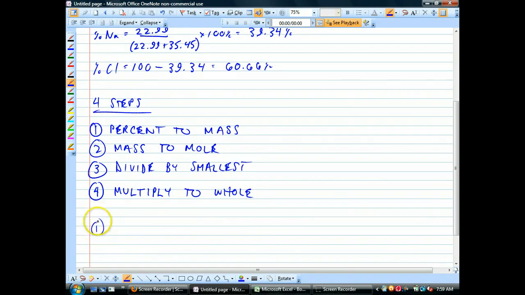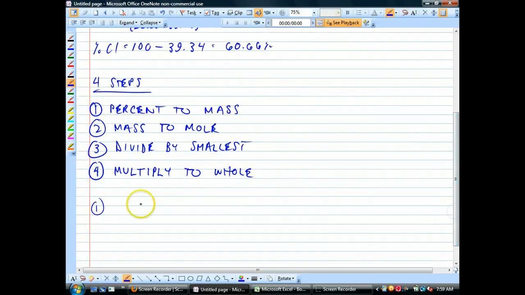So let's look at step 1, and we're going to do an example here. In this example, we've got a compound that is 36.5% sodium, 38.1% oxygen, and 25.4% sulfur.